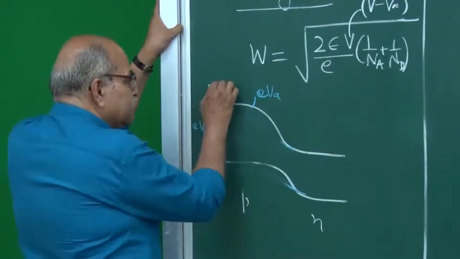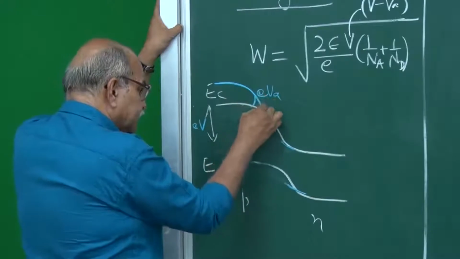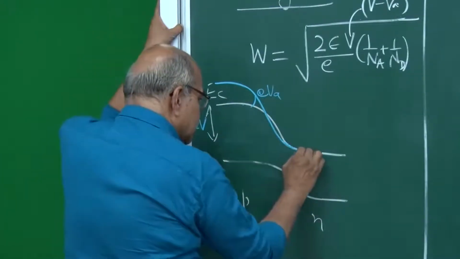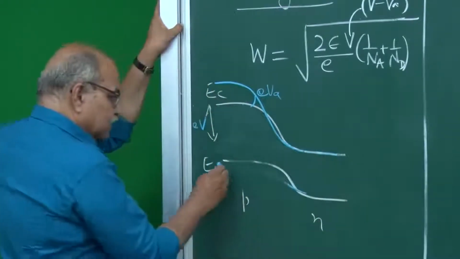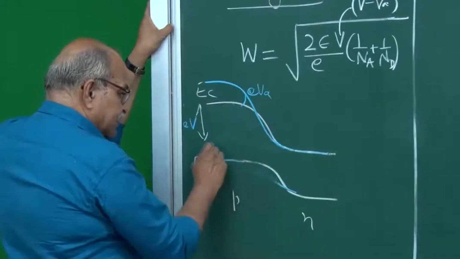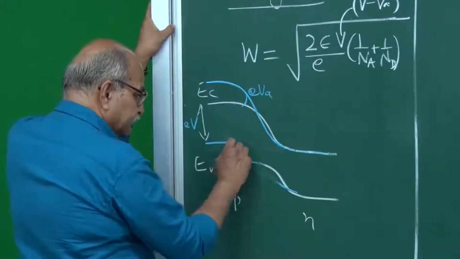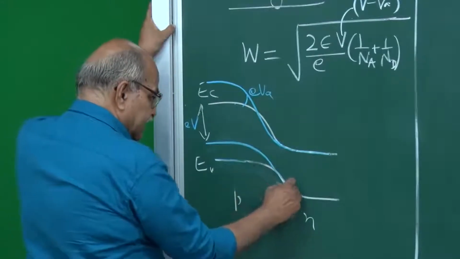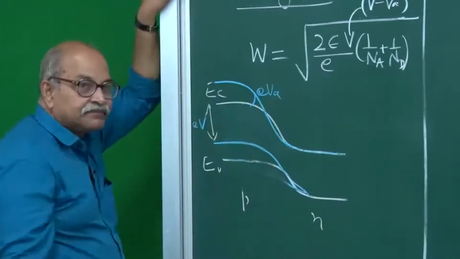So now your EC will be like this. I am writing with reference to this n side, so that is why I am only changing this part like this. So it has shifted up.